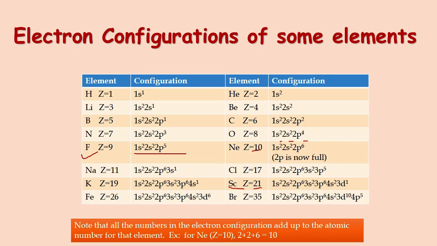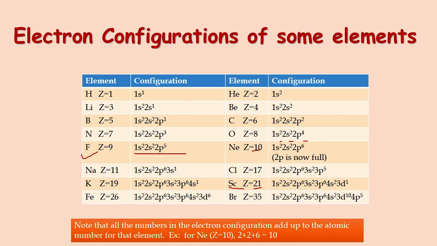Electronic configurations of some elements: hydrogen 1s1, helium 1s2. Lithium contains 3 electrons, so its configuration becomes 1s2, 2s1. Like in fluorine, there are 9 electrons, so its configuration is 1s2, 2s2, 2p5. For scandium, the atomic number is 21, so the electronic configuration is 1s2, 2s2, 2p6, 3s2, 3p6, 4s2, 3d1.